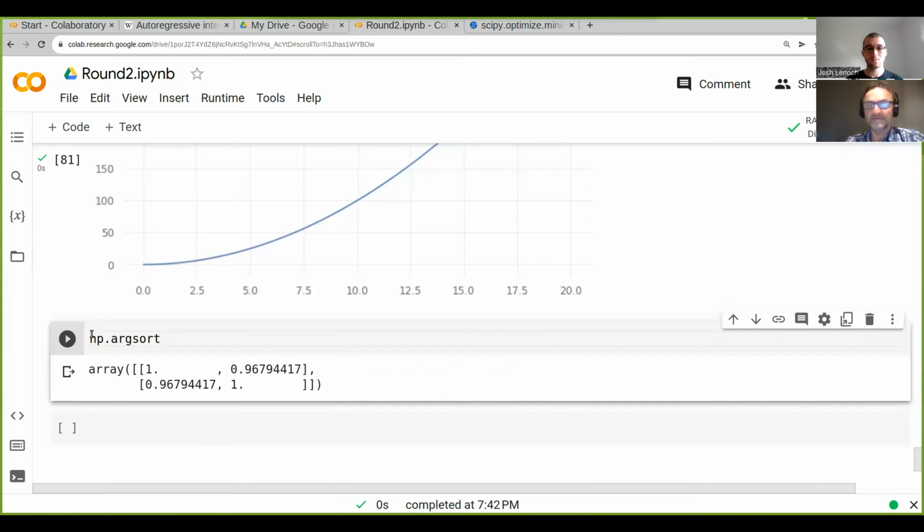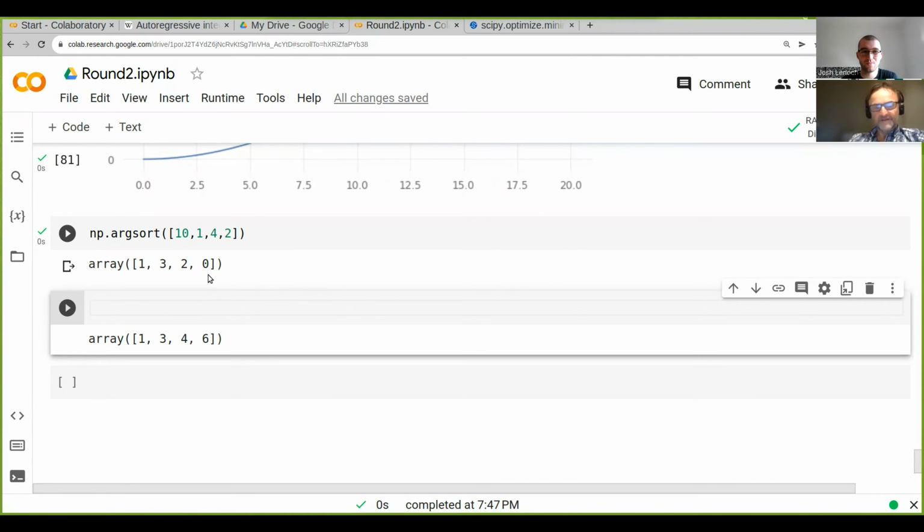If we had, say, 4 values, the 0 value is the highest value, which is this. Then the second value, which is number 4, is the second highest value. And then this value here correlates to the third, and so on. So 0 is a 10, then 2 is 4, 3 is 2, and 1 is basically 1. So it basically gives us the indices of the sorting.